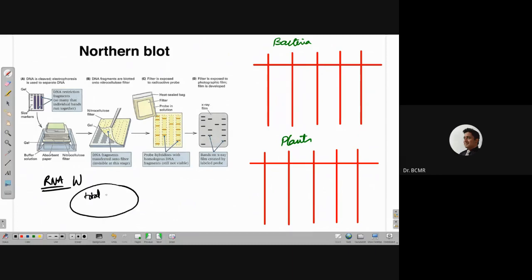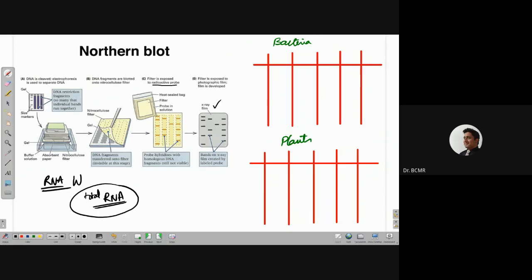That's the objective of the experiment. So you take the RNA sample, you run the blotting technique, everything is almost the same. You'll use the probe also, which is very similar, and then you will develop the technique.